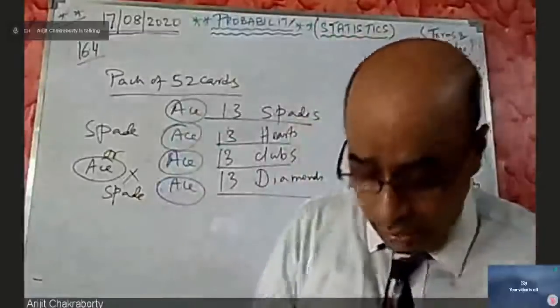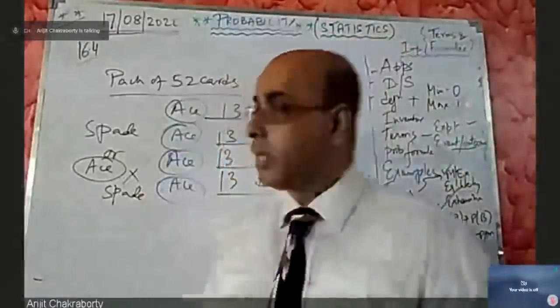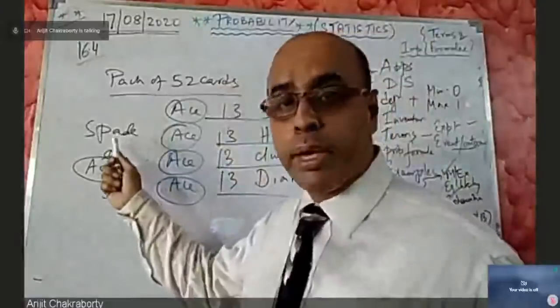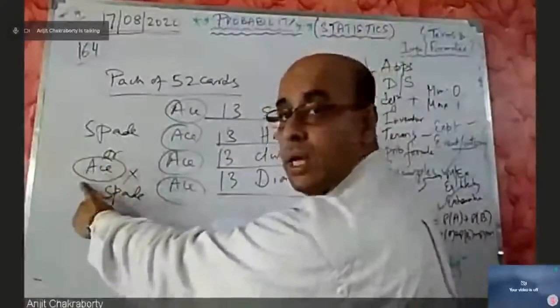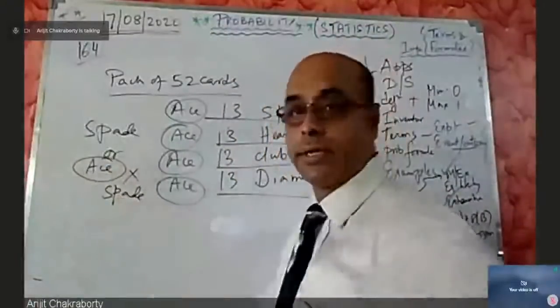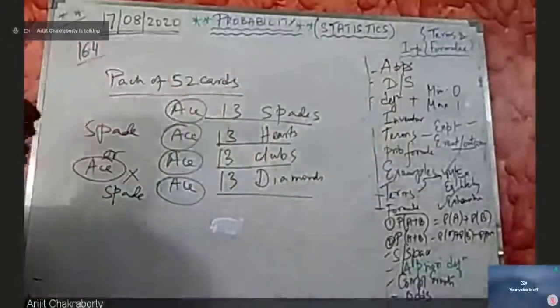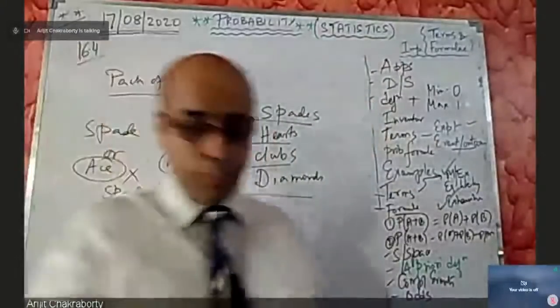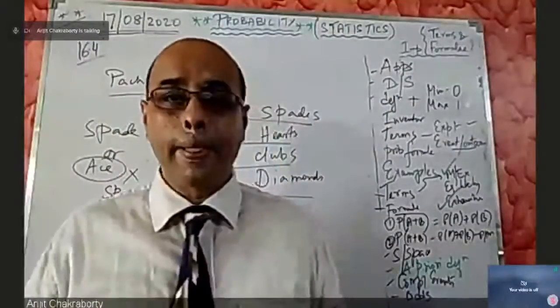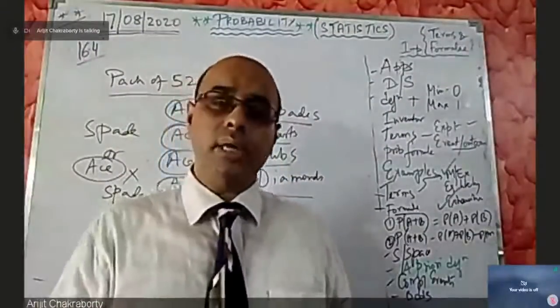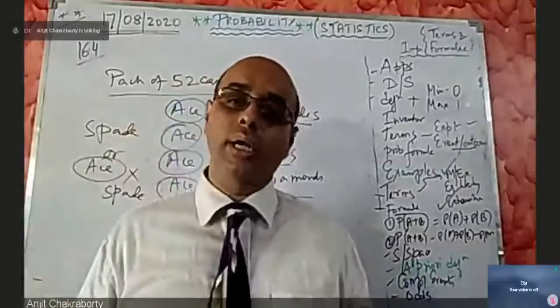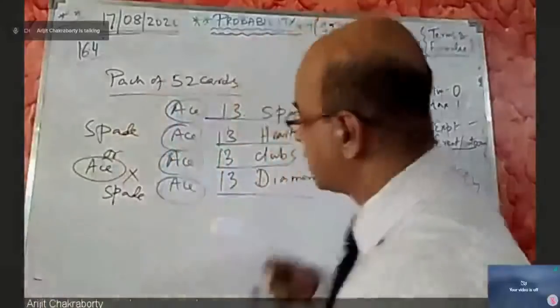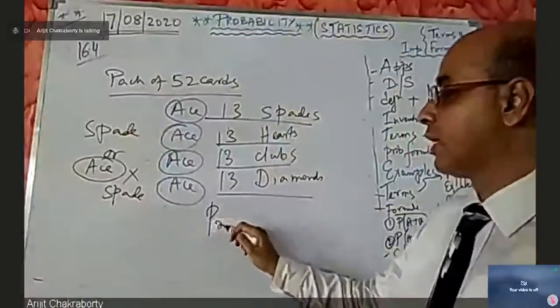Now, your question given here says that you need to pick up a spade or an ace which is not taken from a spade. That means 52 cards. So if you pick up one card at random, how many ways are there in which you can pick one card? Definitely 52 ways. So the probability will be like this.